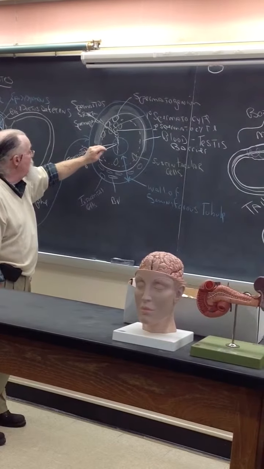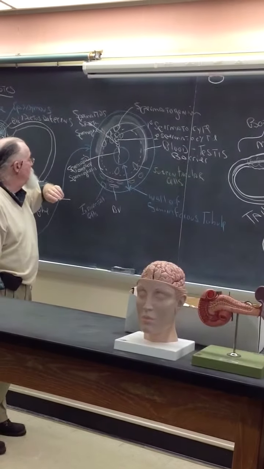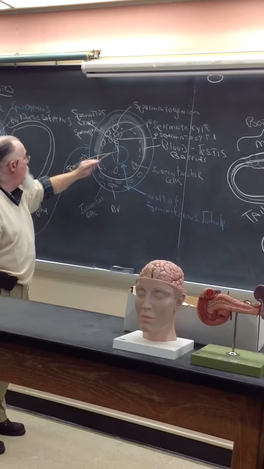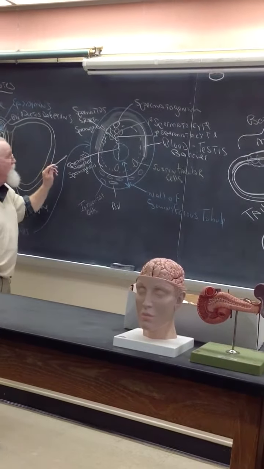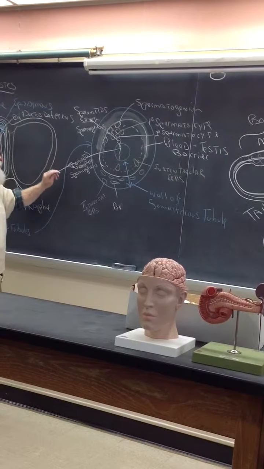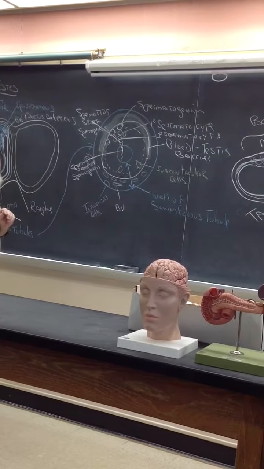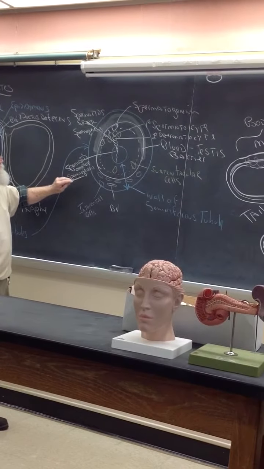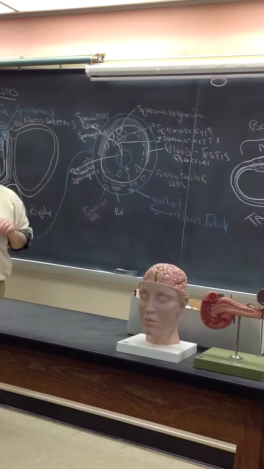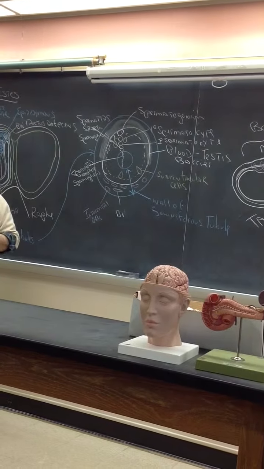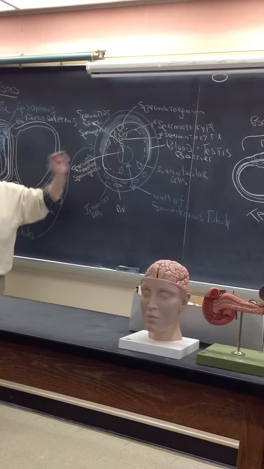And finally, in the lumen we have a sperm called a spermatid that has completed spermiogenesis. Now, this is not motile.